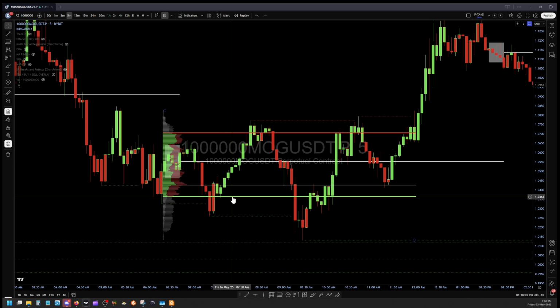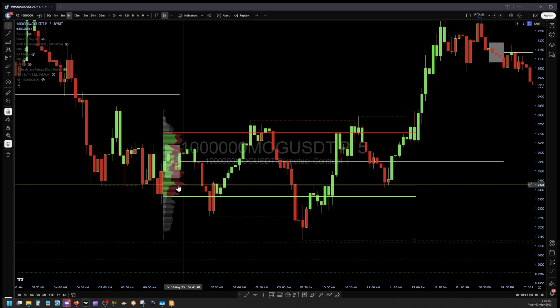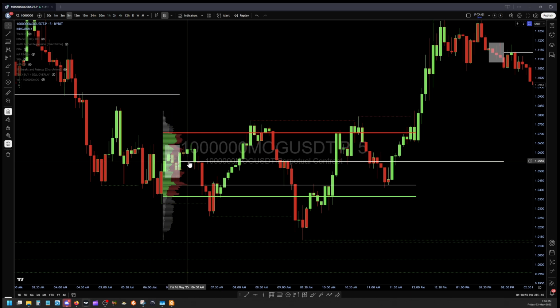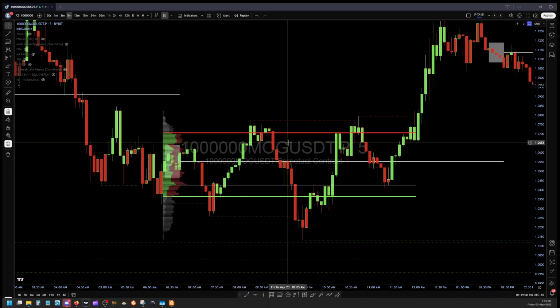But the point of control is often lopsided. It may be down here or up here. But I'll notice that the IndicatorX value line is almost smack dab in the middle every time, and it's just so much easier that way.